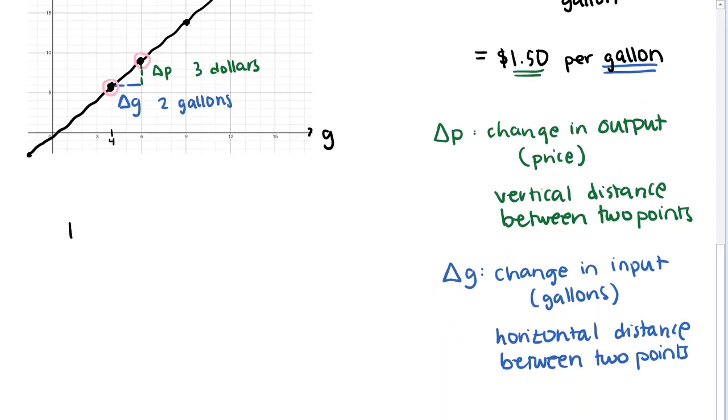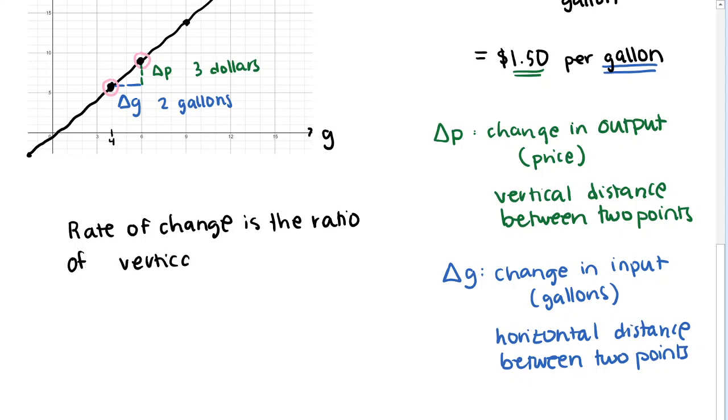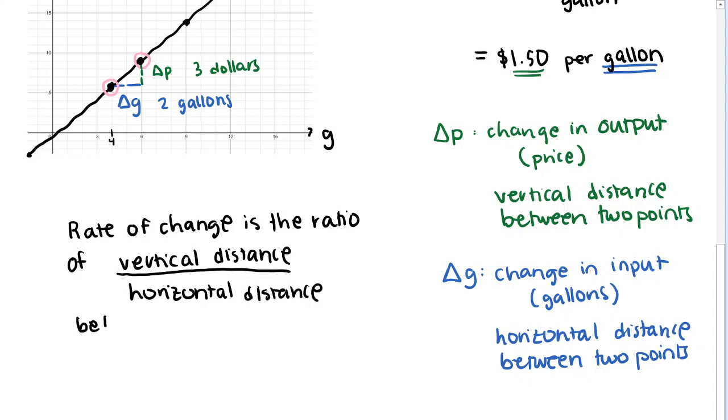So the rate of change is the ratio of the change in the output, and really that's the vertical distance between 2 points, divided by the change in the input, which is the same as the horizontal distance between 2 points.